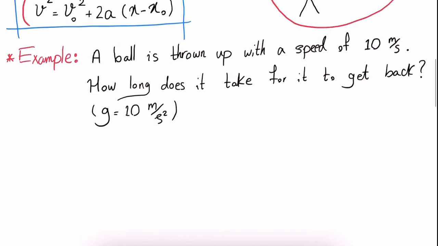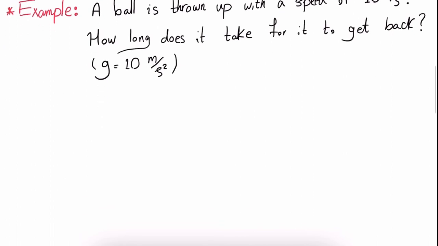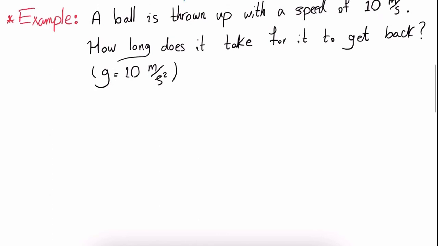So the example is this. A ball is thrown up with a speed of 10 meters per second. How long does it take for it to get back? Okay, so we know that the initial speed of the ball is 10 meters per second.